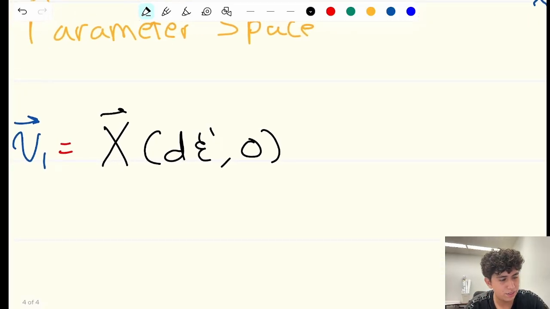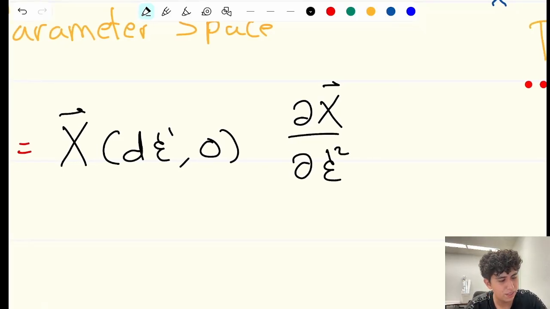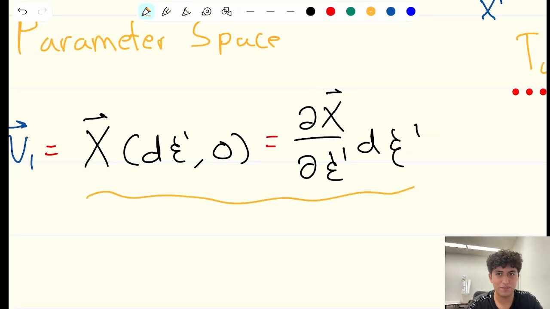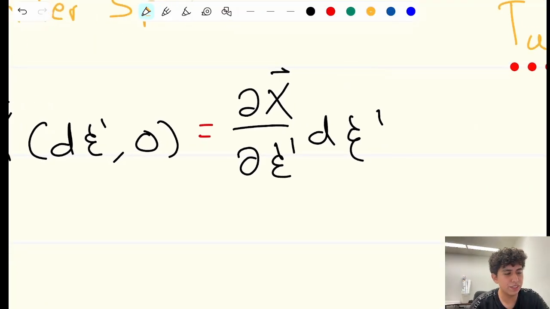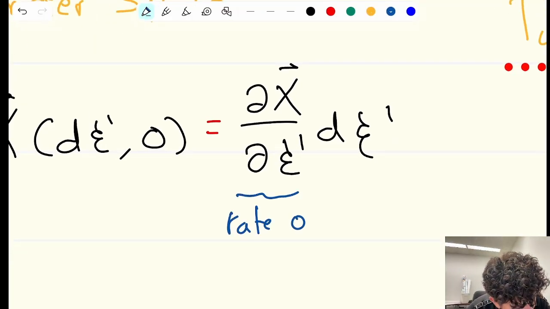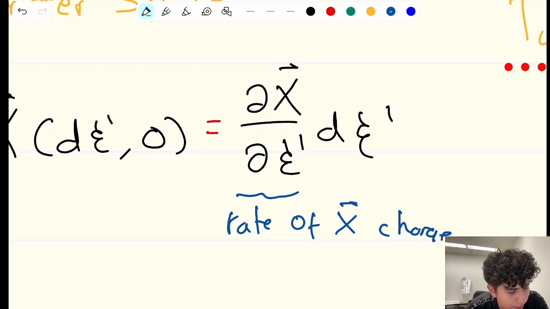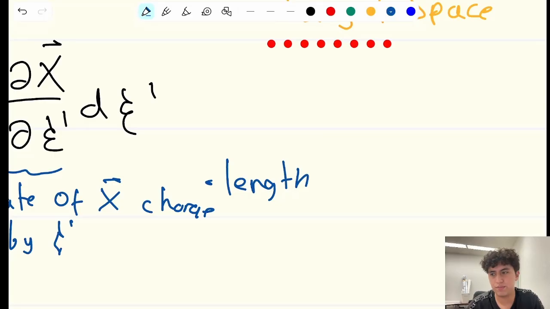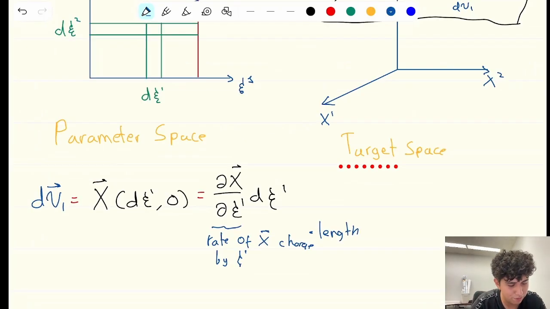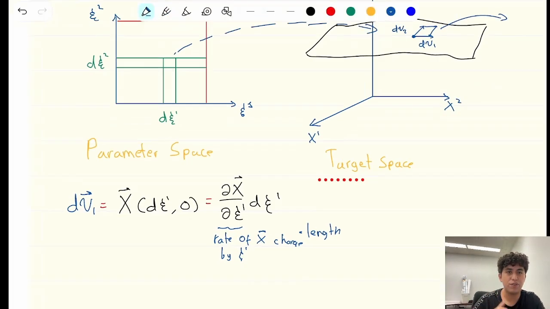This is just the linear approximation: whenever you want a small chunk related to a parameter space, you take the partial derivative times the differential. This is the rate of change of x with respect to this parameter times the length of the small chunk. That makes sense, since we're defining this vector in the target space.